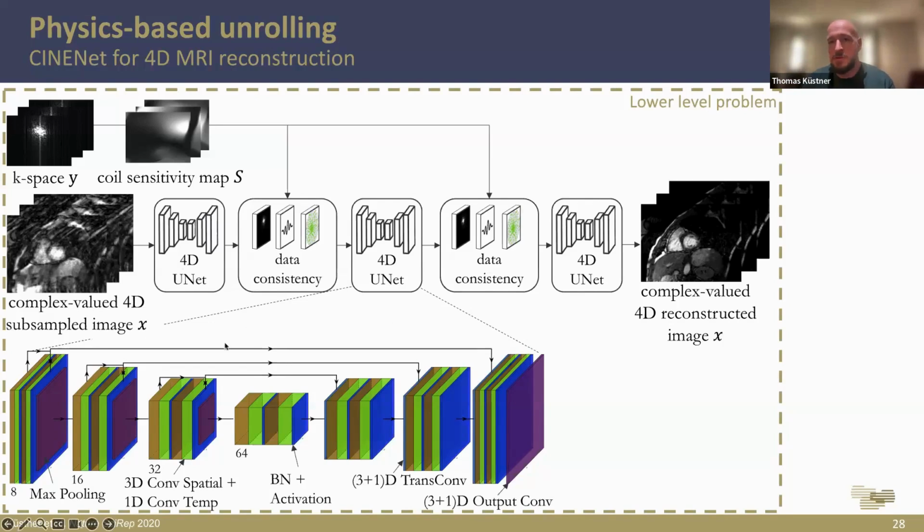Within this unit, obviously, you have different flavors of performing the max pooling operations and convolutional layers. In this special case, since we have a dynamic dimension, we also have a spatial and temporal convolution, which is also in the MERLIN package. And then you have your normalization and activation layers there as well.